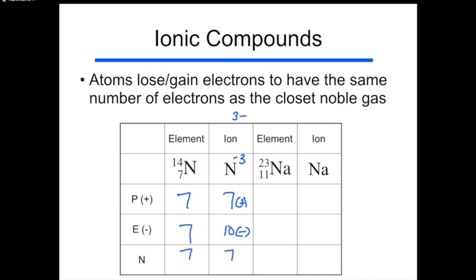That's okay. If I take a look at the element sodium, the element itself has 11 protons. It is neutral, so that means it has to have 11 electrons, and it has 12 neutrons. When it reacts chemically, I do not change the protons, I do not change the neutrons, but I do change the electrons.